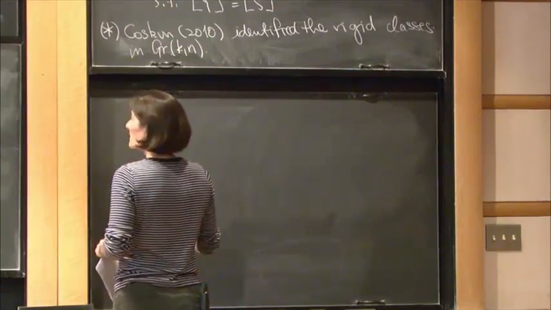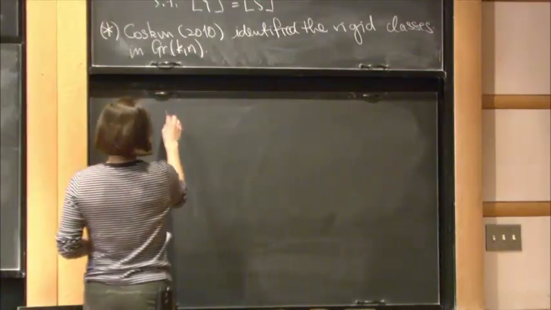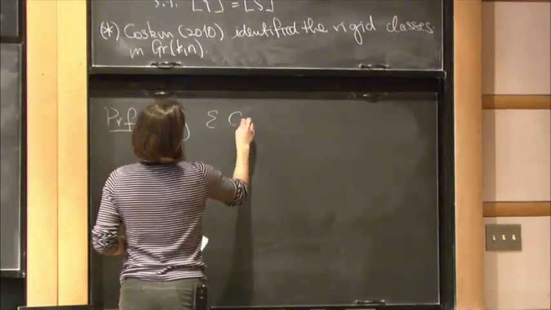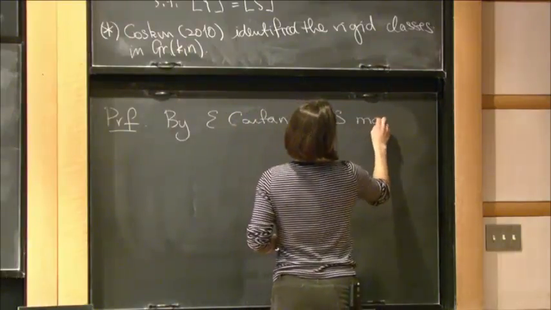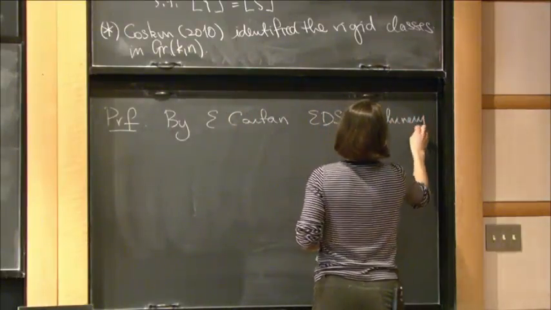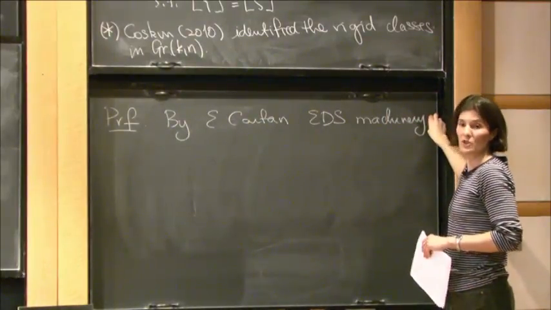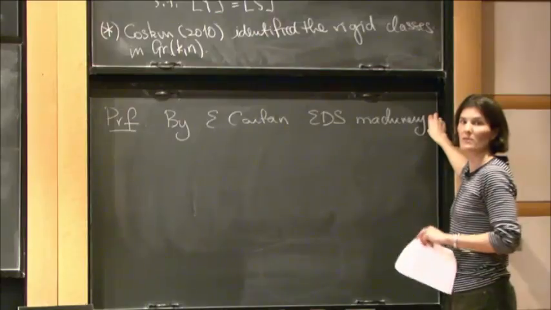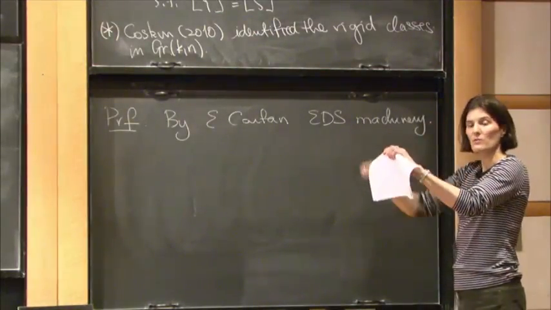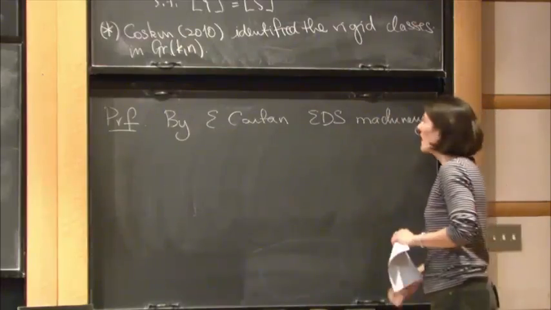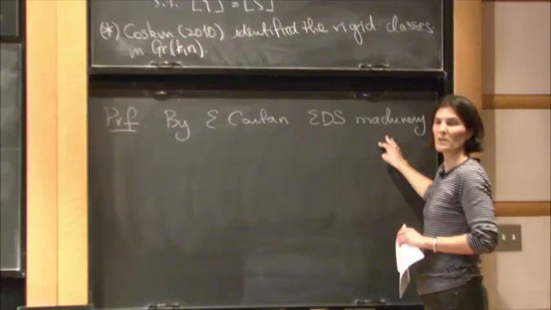Okay, let me just make a quick remark on the proof. It is by Élie Cartan's exterior differential systems machinery. As I alluded to before, you can lift this system to a Pfaffian system. It's a geometric overdetermined system, so it's ideally suited for Cartan's machinery, and you just grind the crank. There is a fair amount of representation theory in this computation.